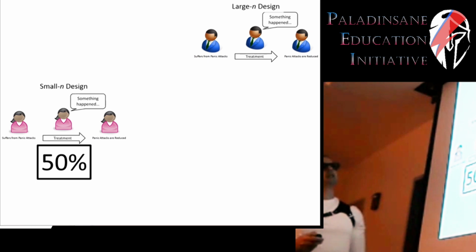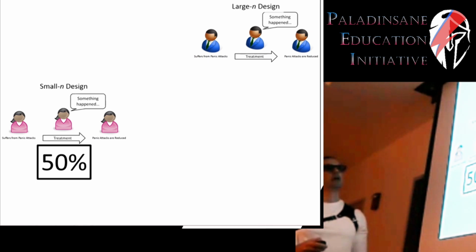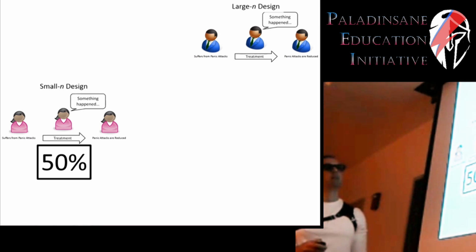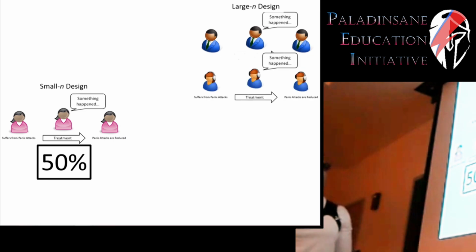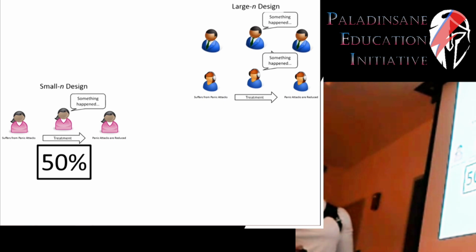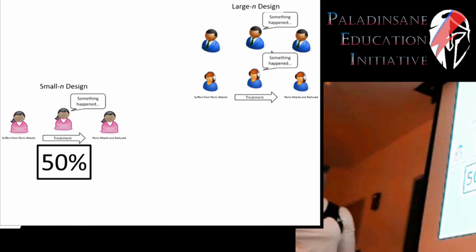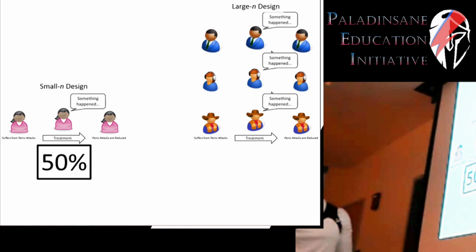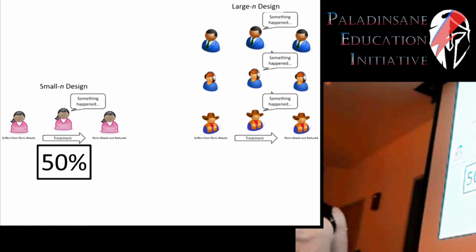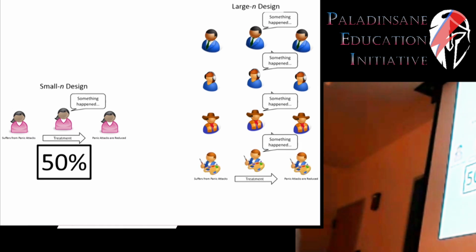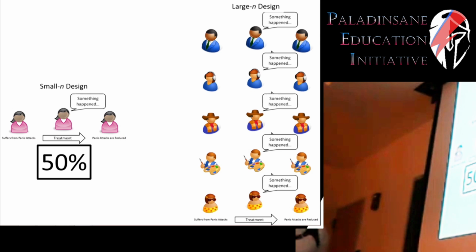And your first subject here, you have the same issue, right? Their panic attacks were reduced. Maybe it's the treatment, maybe something else happened. And for the second subject, you have the same issue. Maybe it was the treatment, maybe something else happened. And for your third subject, same issue. Maybe it's the treatment, maybe something else happened. Same thing for your fourth subject, same thing for your fifth subject.